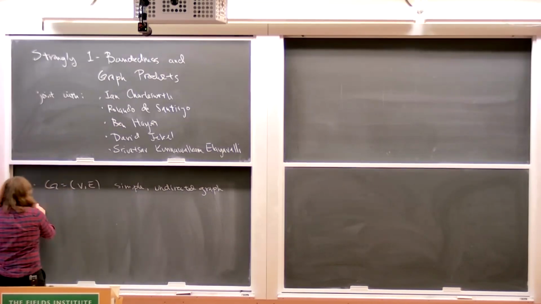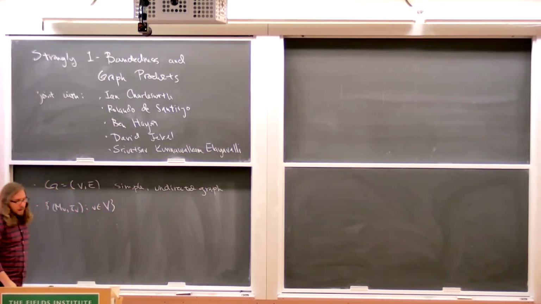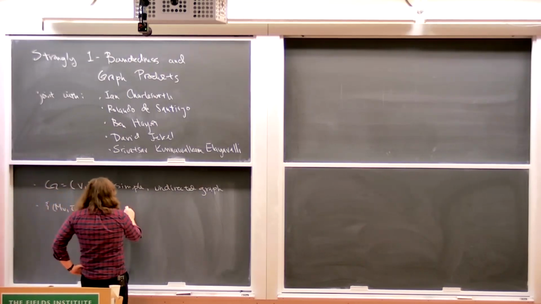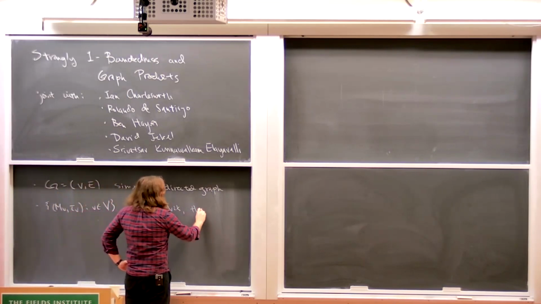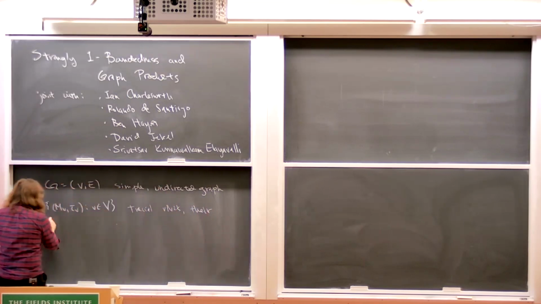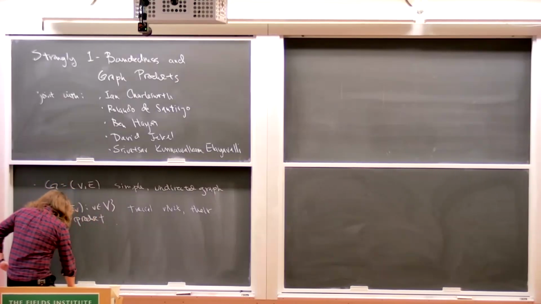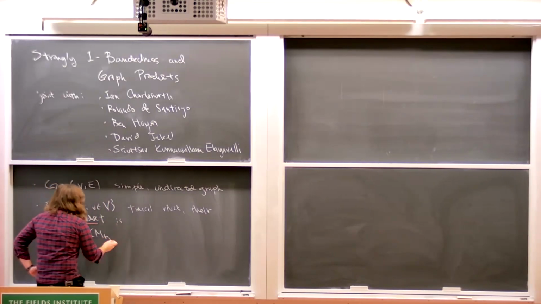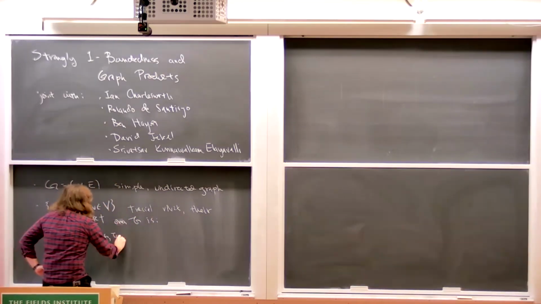Given a family of tracial von Neumann algebras indexed by this vertex set, I want to construct a larger von Neumann algebra using the data from this graph. Their graph product over G, I should say graph product over G, because if you change the graph, you'll get a different algebra.